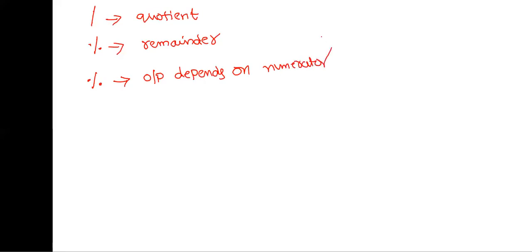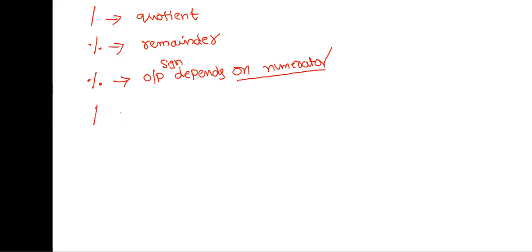The remainder sign completely depends on the numerator. Suppose if the numerator is positive, the remainder is also positive. If the numerator is negative, the remainder is also negative.